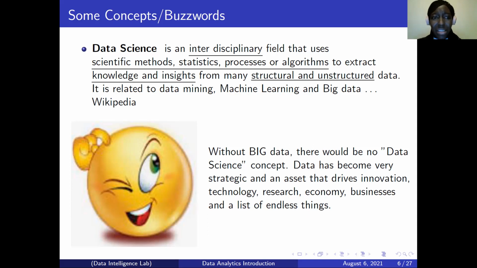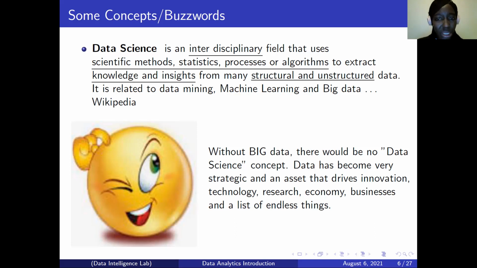So statisticians, scientists, and computer scientists helped in bringing up software and algorithms that make working with big data run faster and smoother. So the interdisciplinary field of data science is premised on three core areas: scientific methods, statistics, and algorithms, to extract knowledge and insights from data.